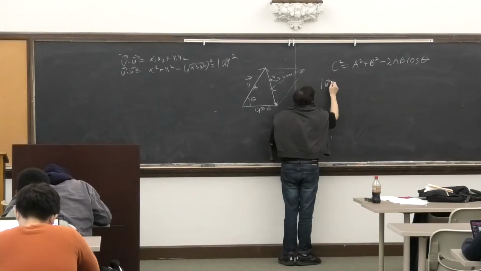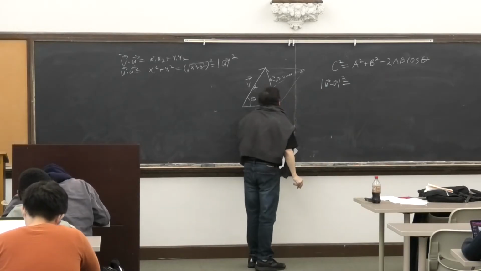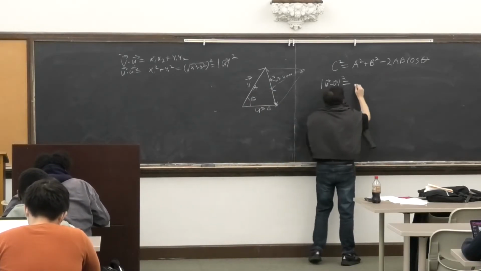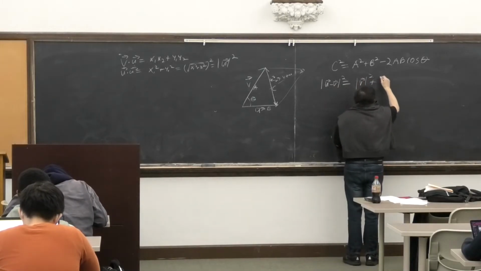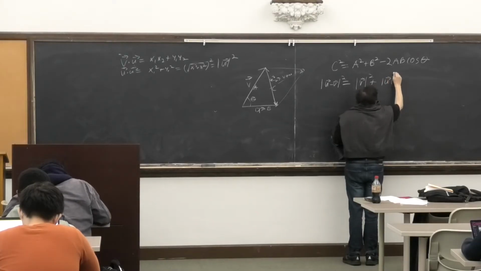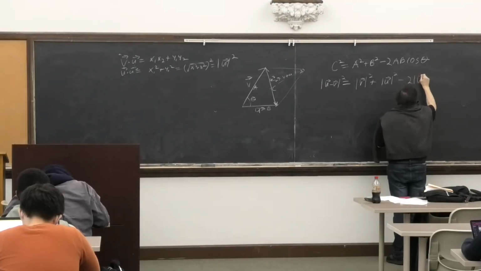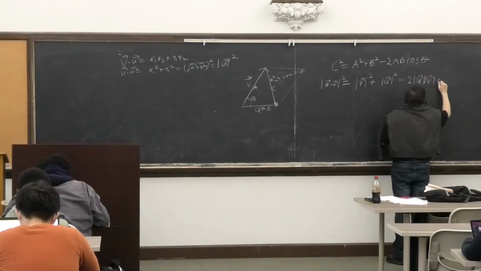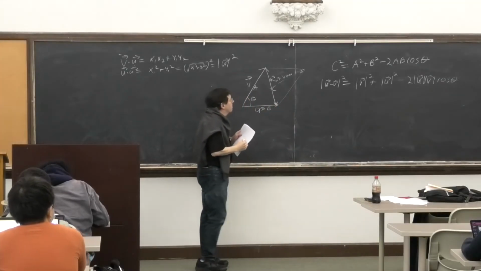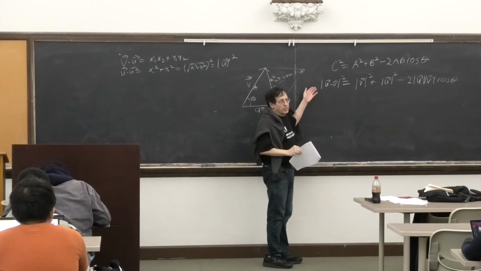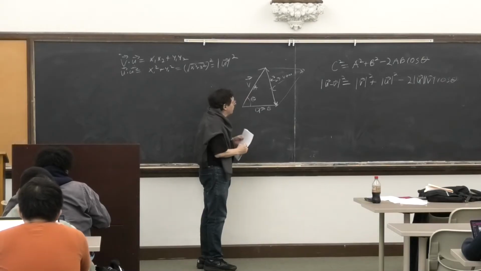That's the norm of u minus v squared. a squared is going to be the norm of v squared, and b is going to be the norm of u squared, minus 2 times the norm of u, norm of v, cosine theta. Oh, that's a mouthful. So this is just the law of cosines applied to this diagram using these vectors.